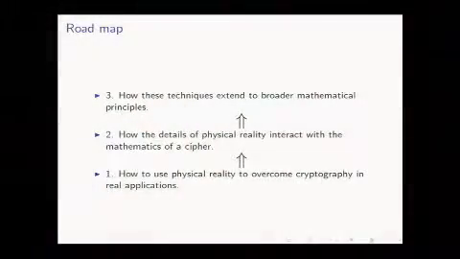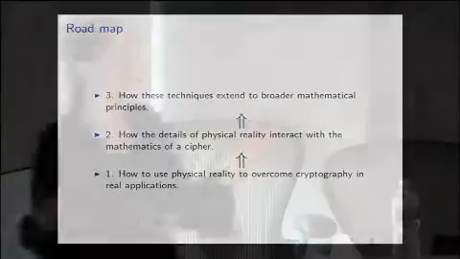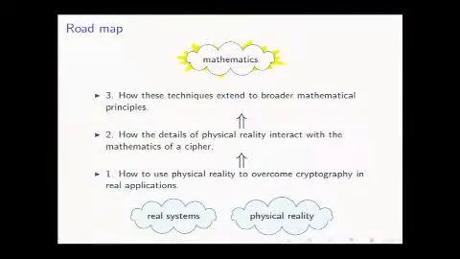And from there, I'm going to show how some of the techniques that come up in this can actually be extended to much broader mathematical principles. So I've organized things in this way because we're going to start with sort of the real world and then move up to beautiful mathematical abstractions.